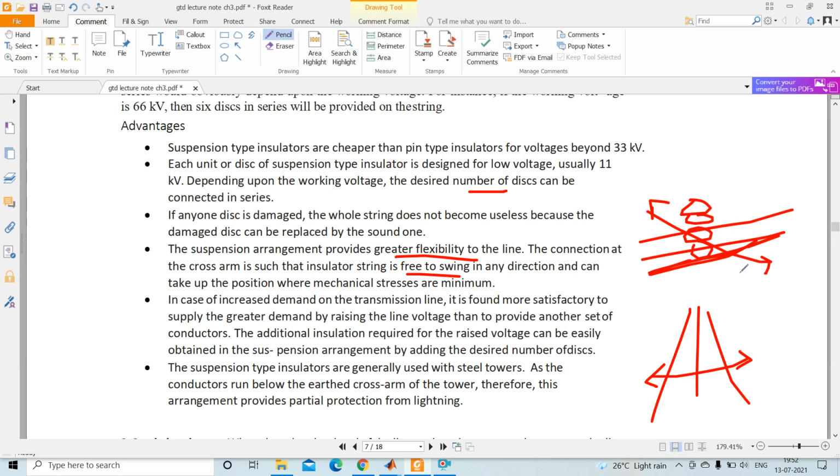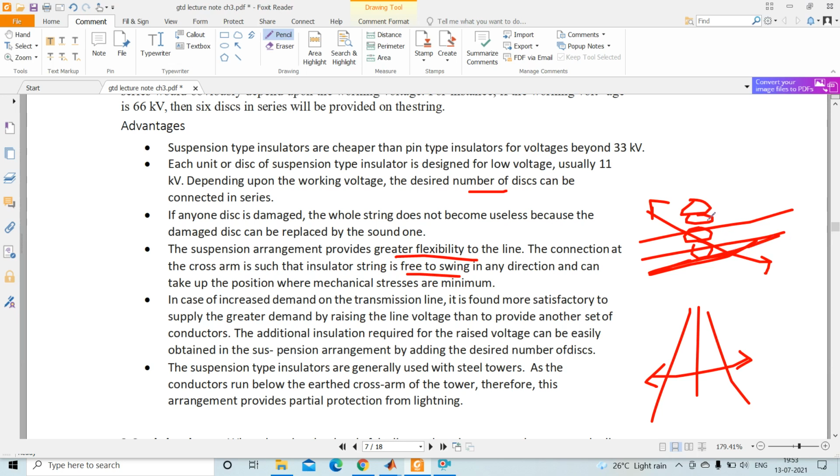So if my working voltage is 66 kV, but now it is 132 kV, for 132 kV we don't need to add an extra conductor. The same 132 kV voltage is conducted through this one line conductor.